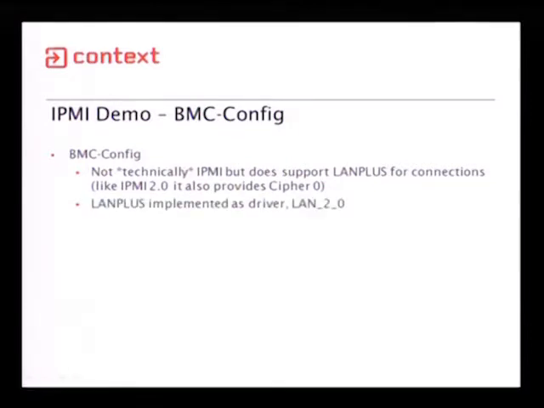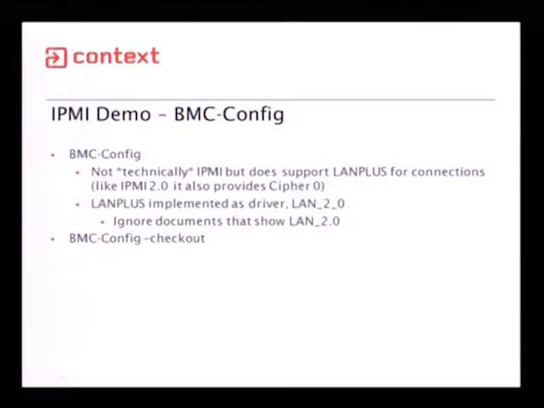LAN+ is implemented as a driver, so we use this -i syntax as opposed to the -C 0 syntax. It's actually implemented as the driver LAN_2_0. Be really careful of that second underscore. It has bitten me so many times because almost all the documentation says LAN_2.0. It's not. It's LAN_2_0. Not that I've ever got irritated by that.